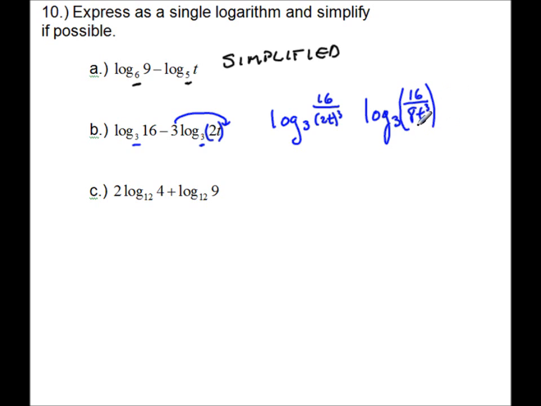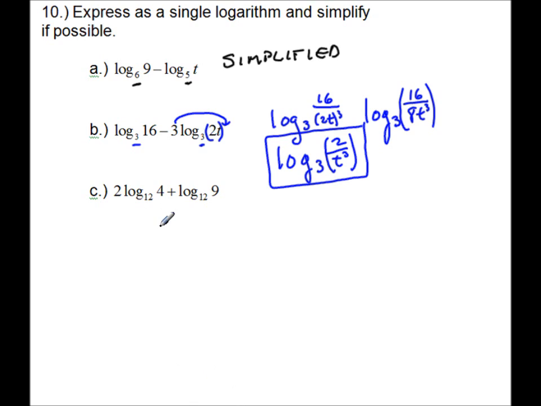Now, we always keep going until we can simplify it, and we see that this simplifies to log base 3 of 2 over t cubed. And this ends up being your answer for B.